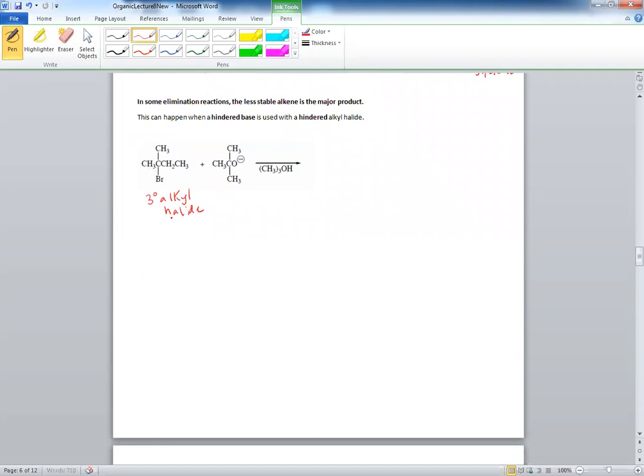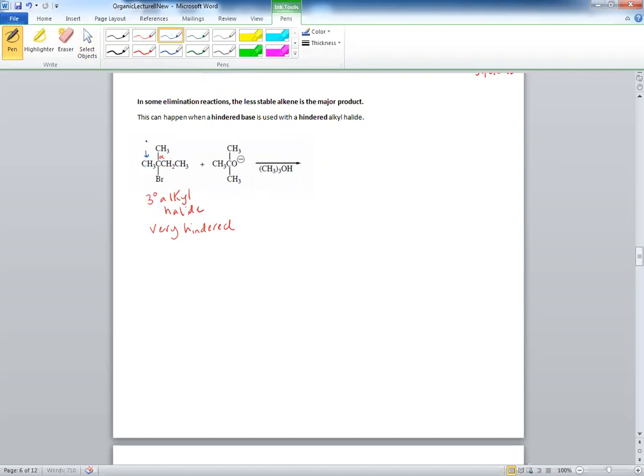And it's very hindered, meaning there's so much around that alpha carbon here. So that's your alpha carbon, by the way. But you have, of course, three beta hydrogens.